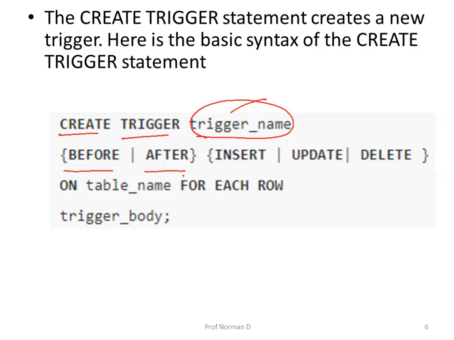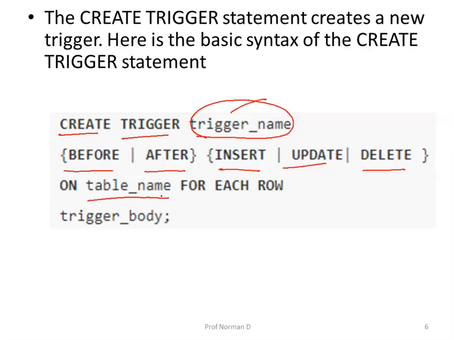Then specify the operation that activates the trigger. So this operation, that is either the insert operation or the update operation or the delete operation, will activate this trigger. After that, specify the name of the table to which the trigger belongs after the on keyword. So this will be your table name on which you are applying the trigger.